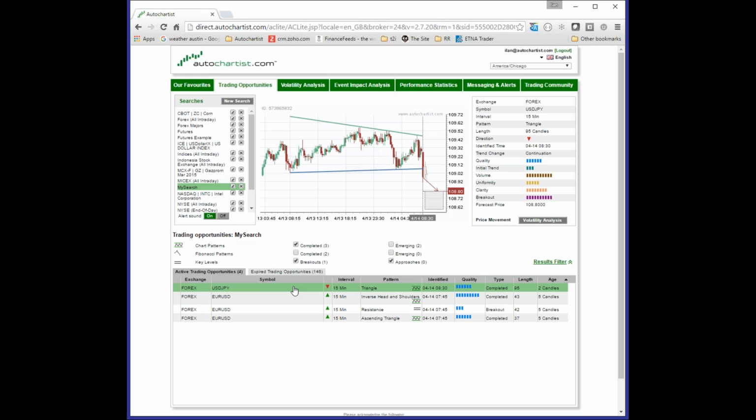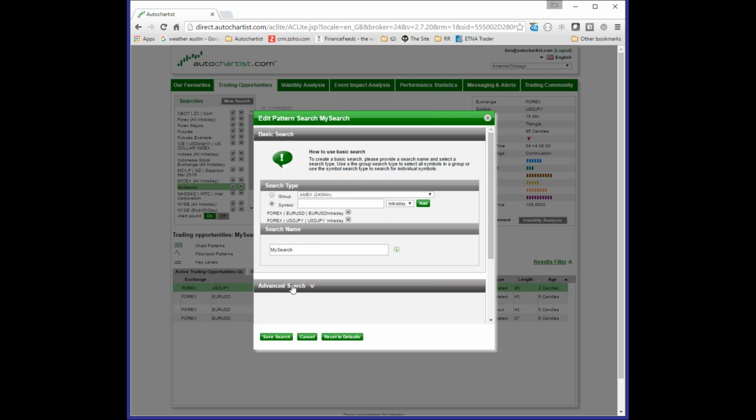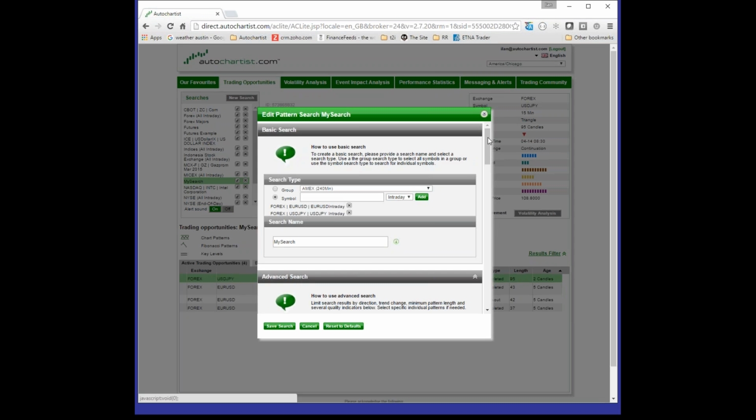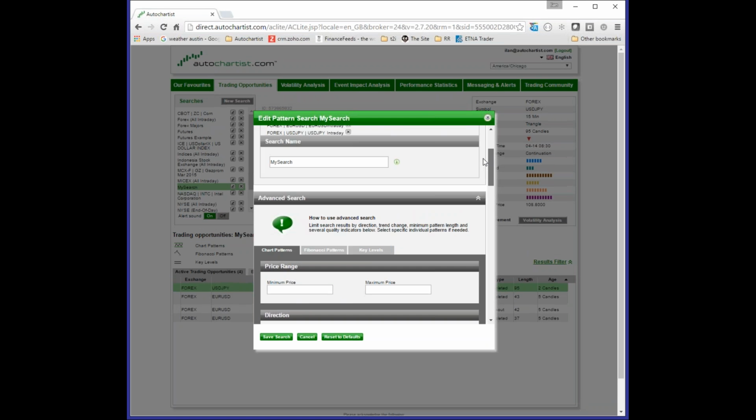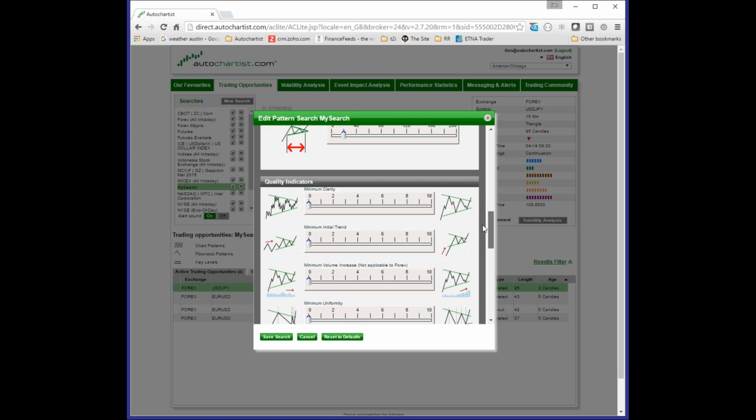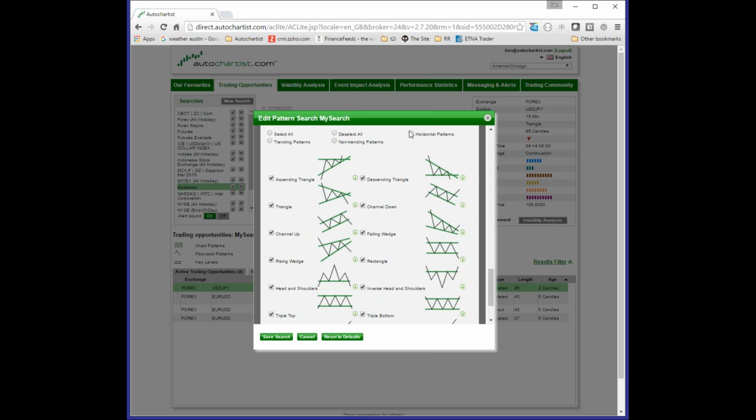However, keep in mind that that filter won't go through to the Our Favorites section. It'll just be in the Trading Opportunities section. I'll give you guys another hint. The way I look at things is if I click on the Advanced Search Criteria, I personally only look at what I call horizontal patterns.